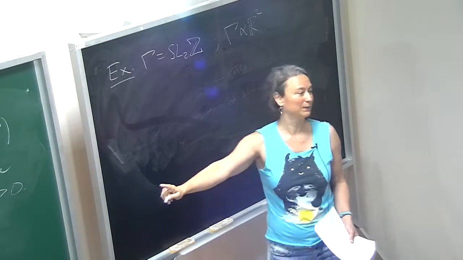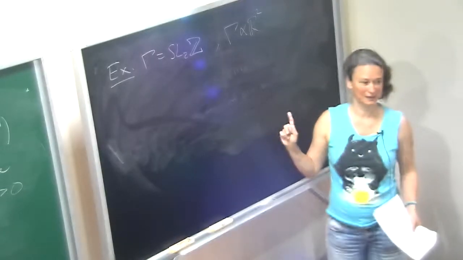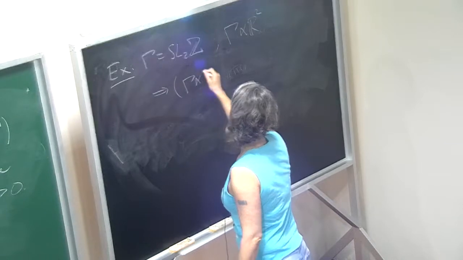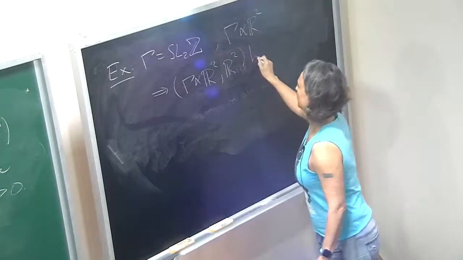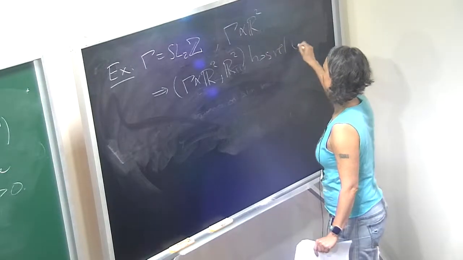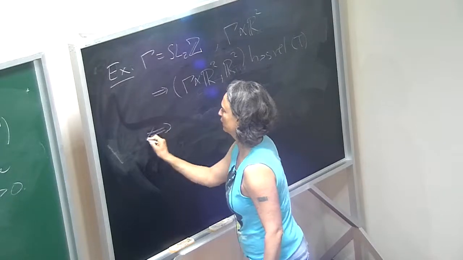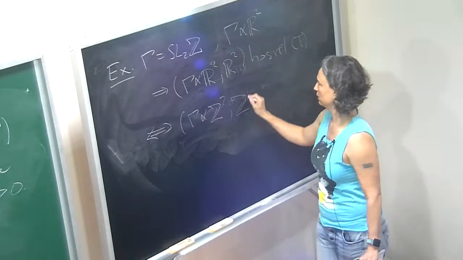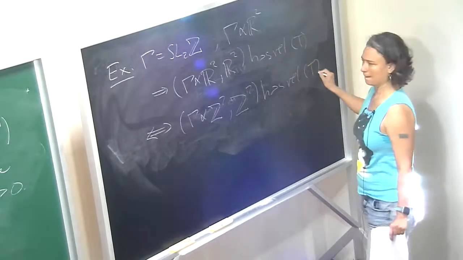It does not. Right? Everybody agree with those statements? So the conclusion is that gamma semidirect product R^2 has relative T. And as I had said before, this is if and only if gamma semidirect product Z^2 has relative property T. Okay?